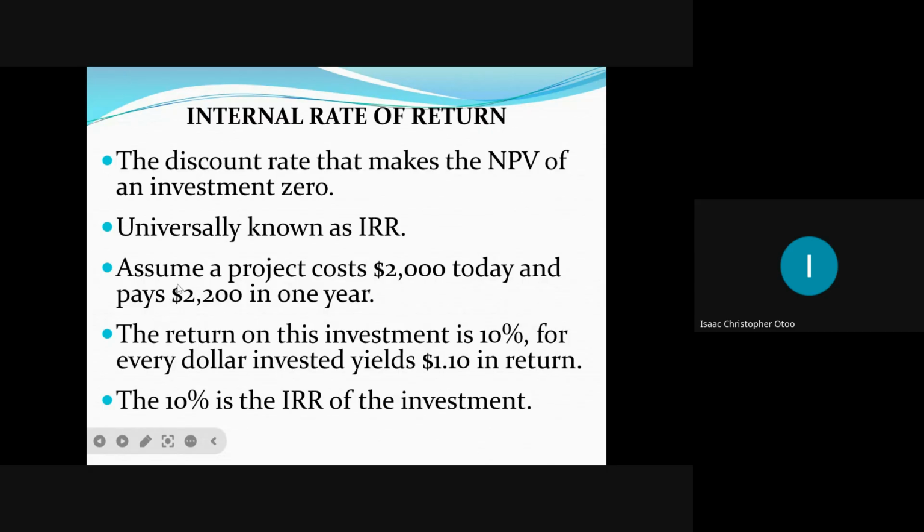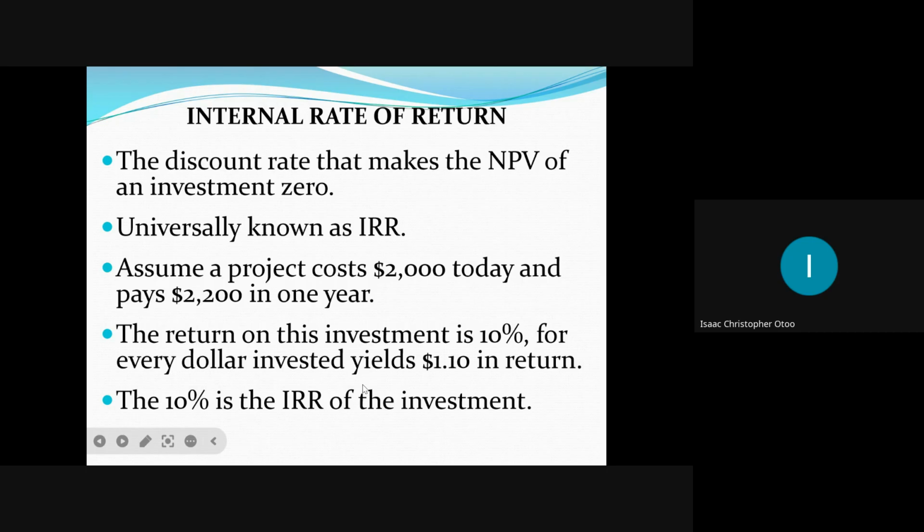Assuming a project costs 2,000 today and pays 2,200 in 1 year, the return on this investment is just 10%, because the difference is 200 over 2,000 times 100. You get 10%. For every dollar invested, you get 1.10 in return. So here, the 10% is the IRR of the investment.